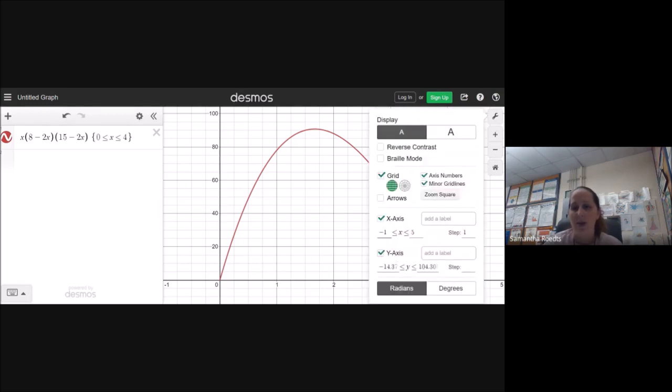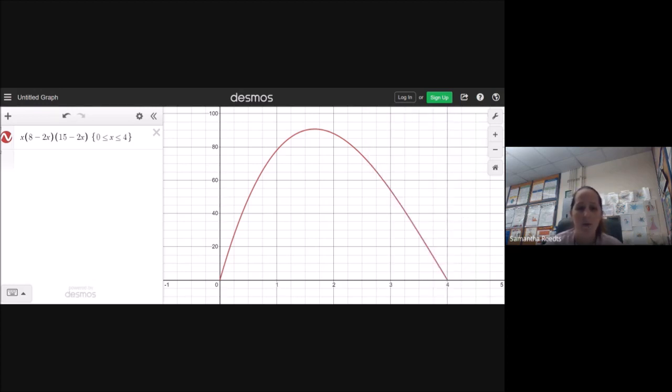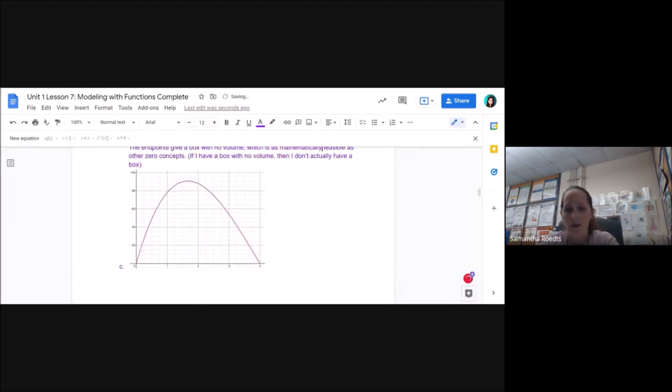All I did was change the x-axis to -1 to 5, so that it was 1 before the 0 and 1 after the 4, just so I could see the graph a little bit easier. Okay, so this is what my graph looks like. All right, so this is C.